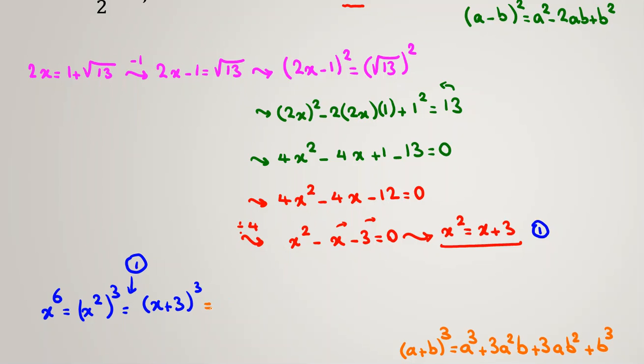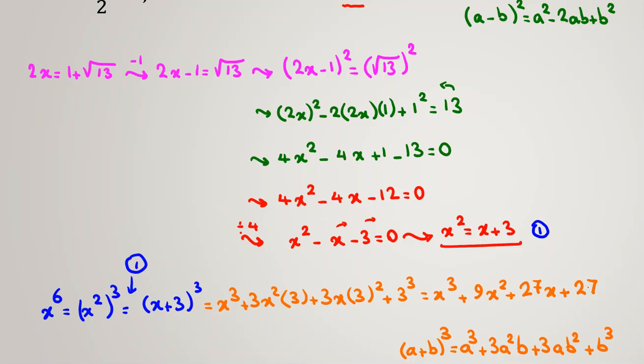And if you apply it here, it will be x cubed plus 3x squared times 3 plus 3x times 3 squared plus 3 cubed. And it will be x cubed, 3 times 3, 9, plus 9x squared, 9 times 3, 27x, plus 3 cubed, which is 27.